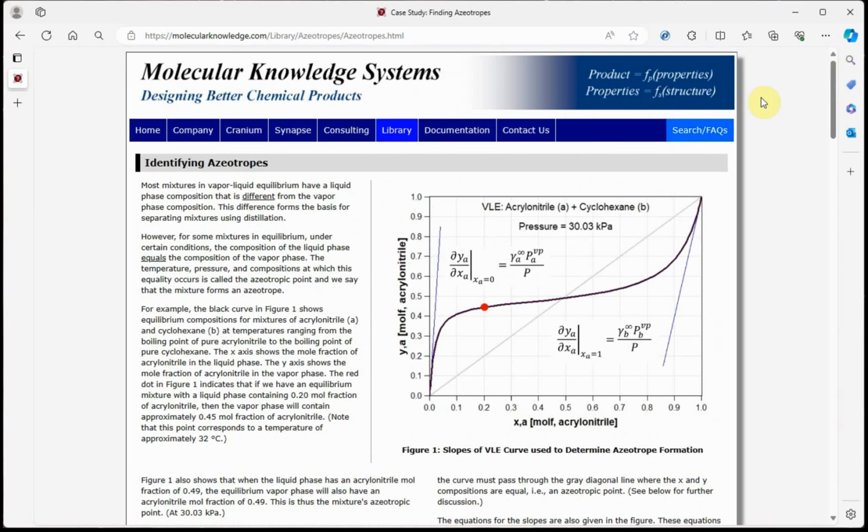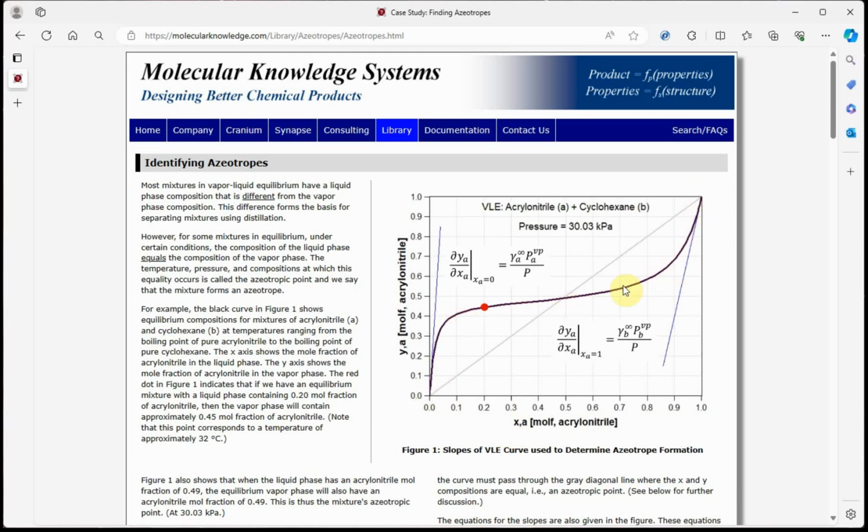In summary, here we show a graph depicting the vapor-liquid equilibrium curve for the binary mixture of acrylonitrile and cyclohexane. The y-axis denotes the mole fraction of acrylonitrile in the vapor phase, and the x-axis denotes the mole fraction of acrylonitrile in the liquid phase. The vapor-liquid equilibrium compositions are shown by the black curve.